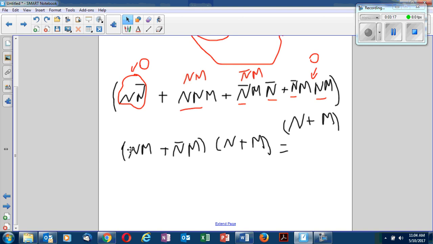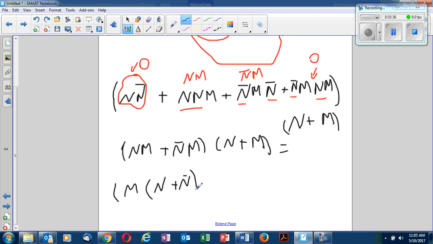I can take m outside the parentheses inside this first parenthesis, so that would be m times (n plus not n), times n plus m.